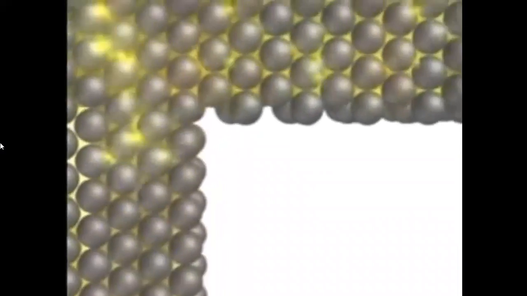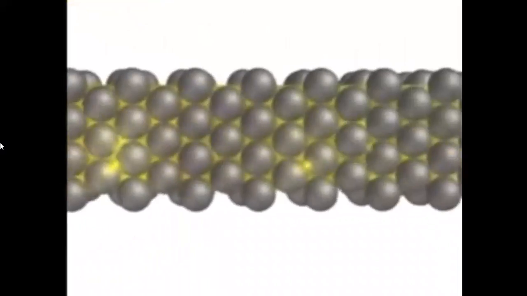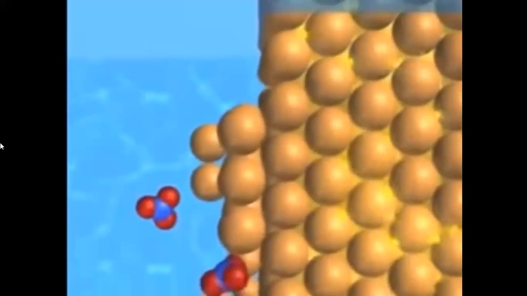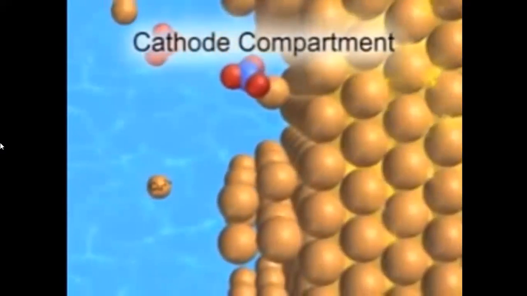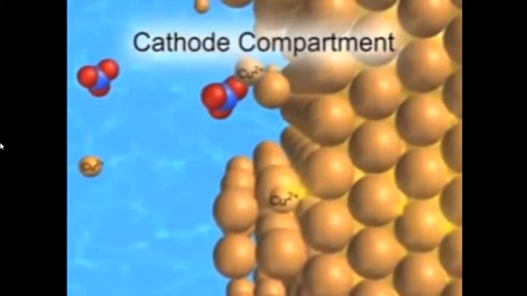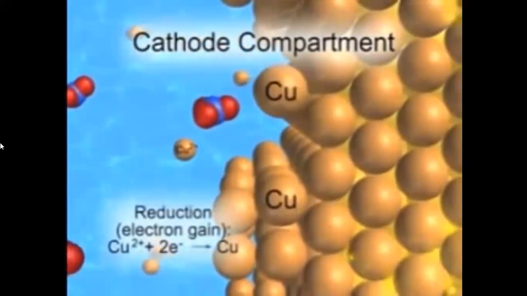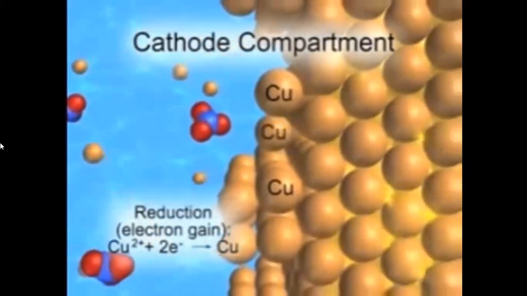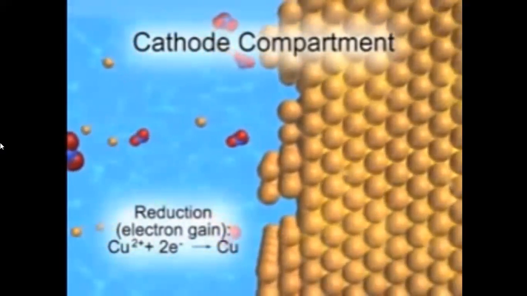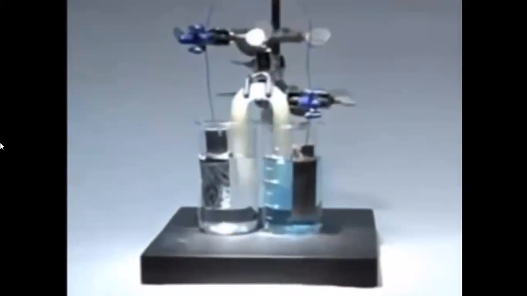Those electrons that were removed from the zinc now travel through the wire into the other compartment of our cell, into the cathode, where those electrons sort of coat the surface of the metal, and as the copper ions come into contact with that metal electrode, they form new copper metal atoms onto the surface. So that's our reduction in our cathode.